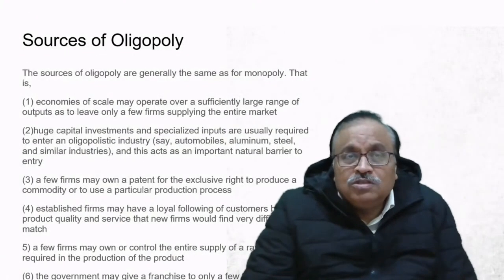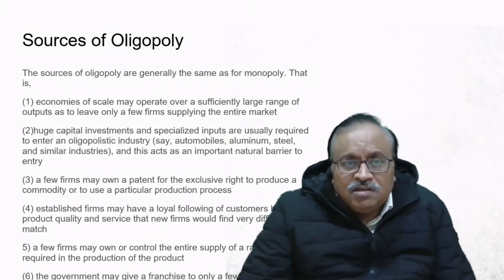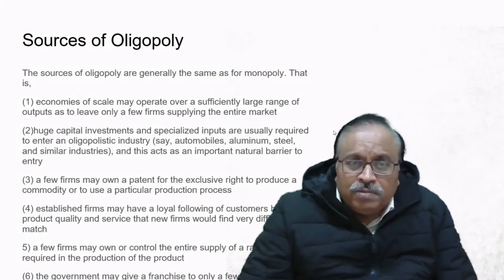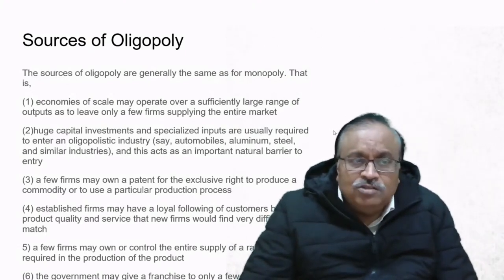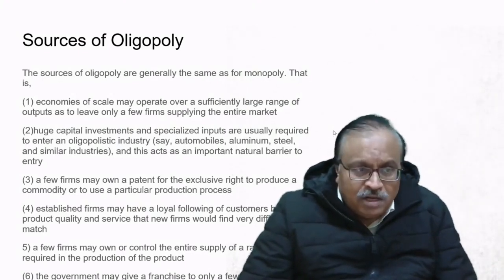Now, coming to the sources of oligopoly. The sources of oligopoly are generally the same as for monopoly. That is, economies of scale may operate over a sufficiently large range of outputs as to leave only a few firms supplying the entire market.